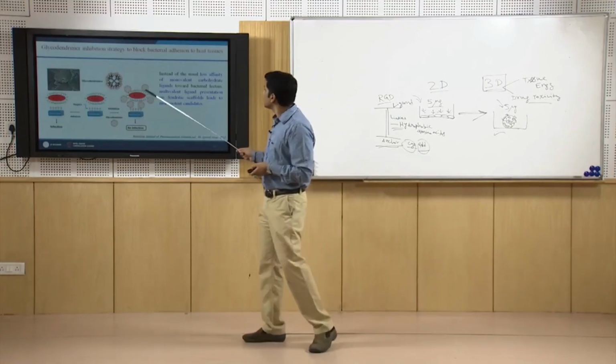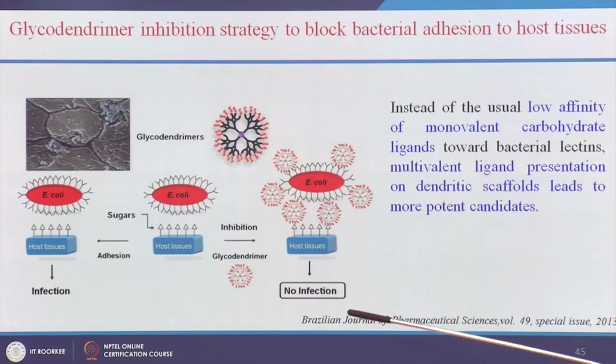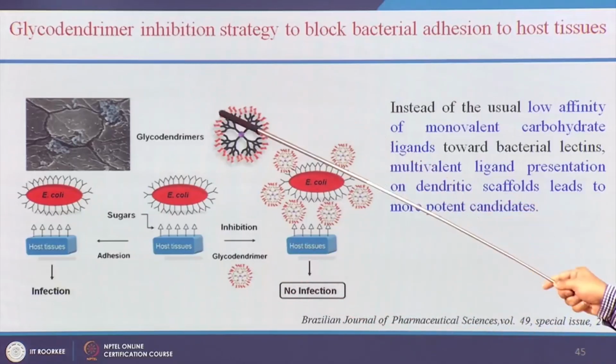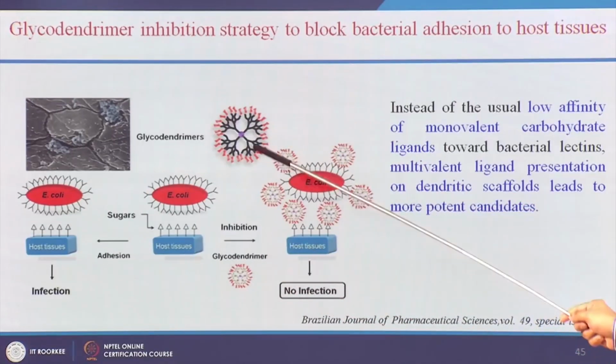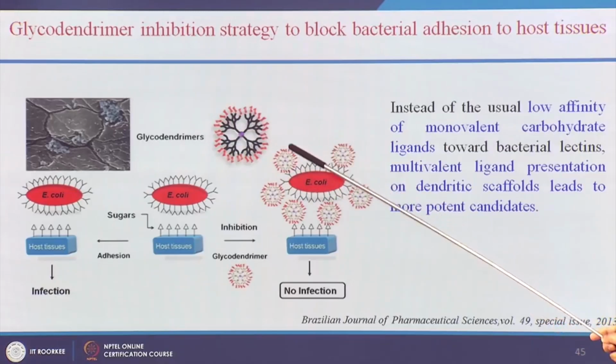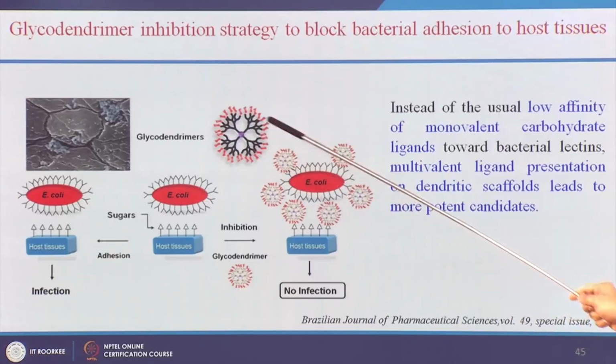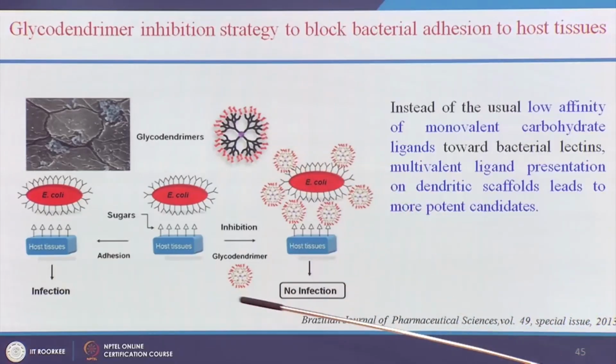So let us see another example of how we can use glycodendrimer for preventing bacterial infection. So dendrimer means tree like structure. So here we are going to make glycodendrimer, that means here we are going to make sugar carbohydrate ligands in a tree form. So that will be more potent and it will prevent the bacterial infection.